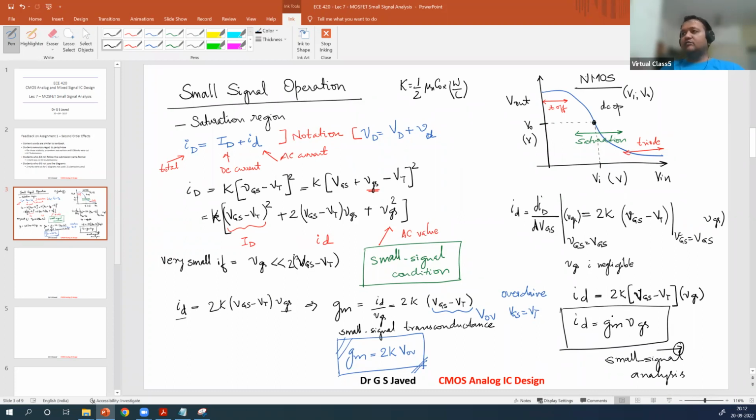And now what is this gm? gm is going to be the slope of the ID versus VGS curve. So if you have a graph of ID and VGS, the curve comes like this.